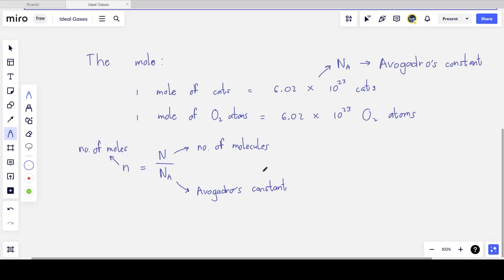I can also write the number of moles as the total mass of that substance divided by the molar mass of that substance, which again you can get from your periodic table. The mass over the molar mass is simply the mass divided by the mass per mole, which tells you how many moles of that substance you have.